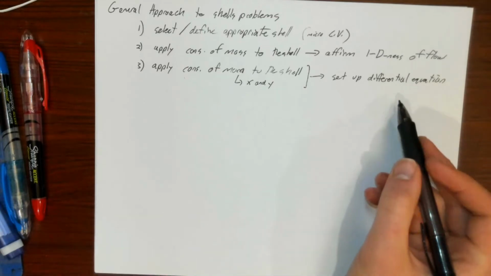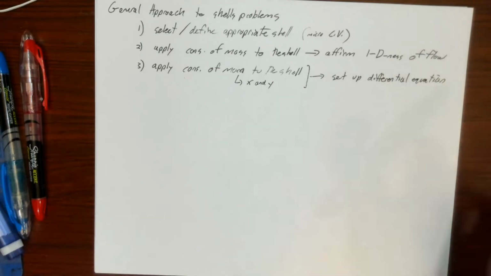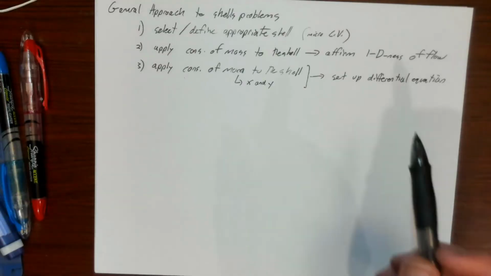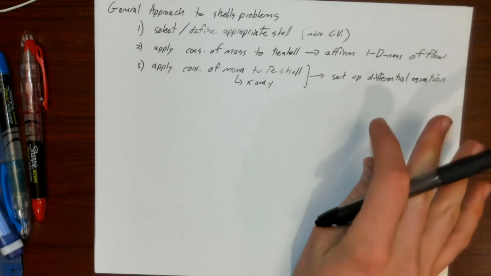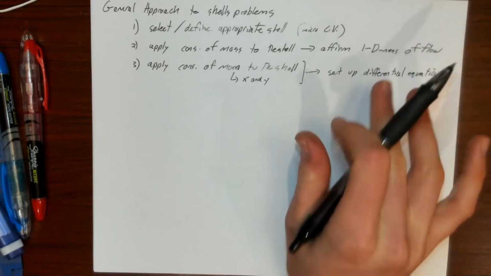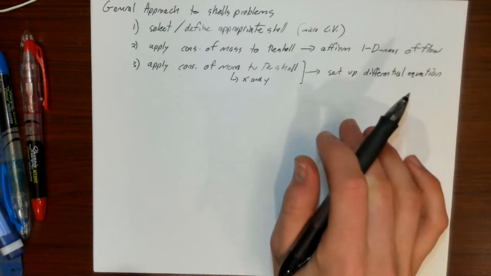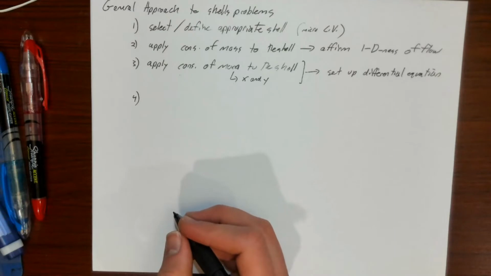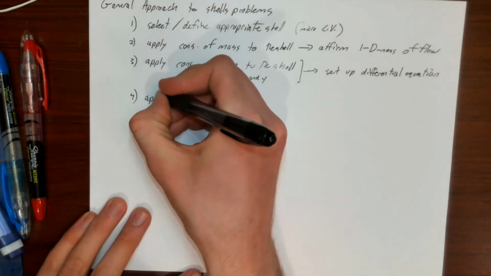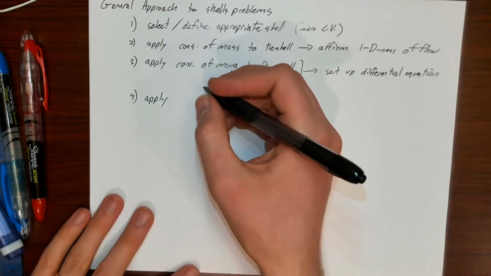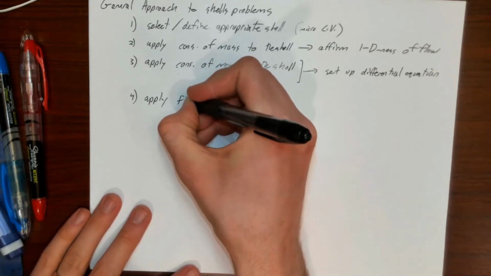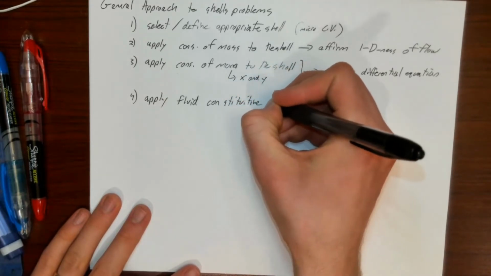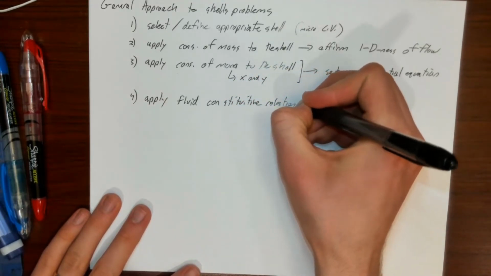This is going to help us set up a differential equation, and once we get to this point, I'll clarify which differential equation we're actually talking about, with derivatives of what with respect to what. You sit tight, we'll get there later on. Then the next thing we do after applying conservation of momentum to the shell is apply a constitutive relationship, a relevant fluid model.